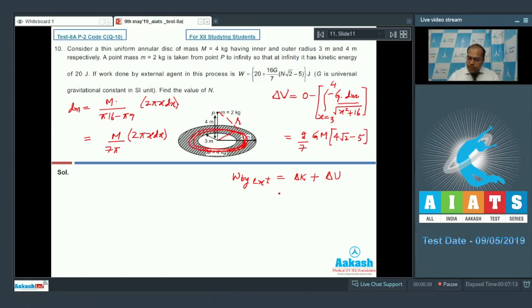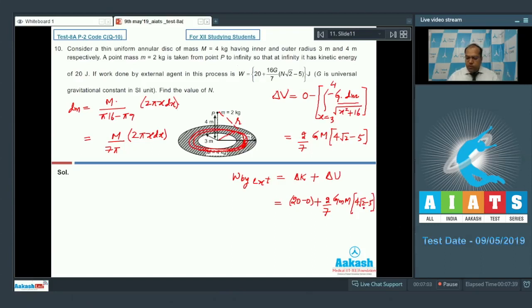So if I substitute the data, then this is equal to the change in kinetic energies. Final kinetic energy is 20 joule, initially 0. So 20 minus 0 plus the change in potential energy, that is mass into delta V. So this can be written as 2 by 7 G small m capital M into 4 root 2 minus 5.